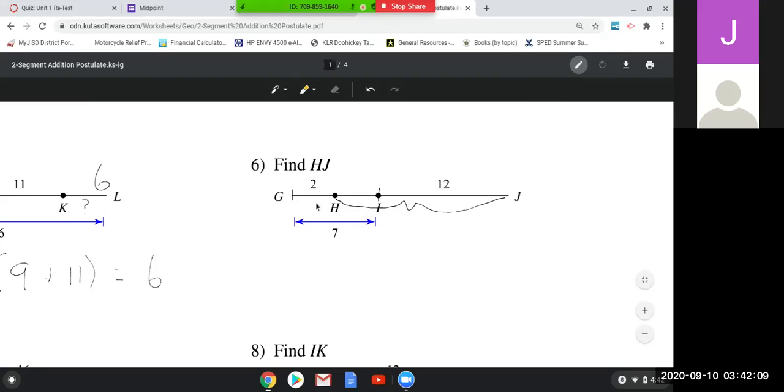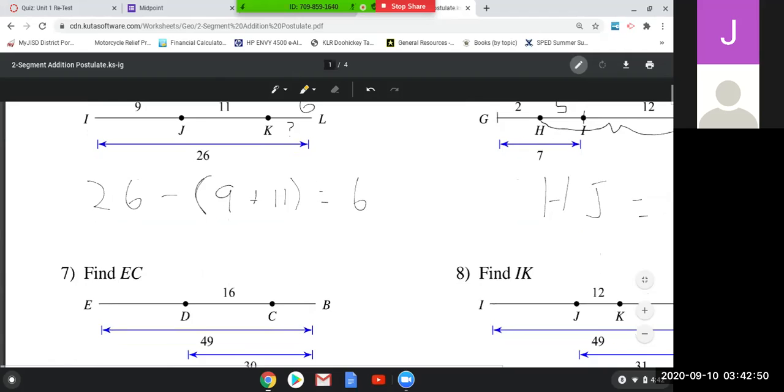All of this together is 7. Here's 2, so I can find the missing part right here. 7 minus 2 is 5. So this right here should be 5. And if this is, then to find from H to J, I just add those 2 parts: this 5 plus that 12. 5 plus 12 equals 17. So HJ equals 17.